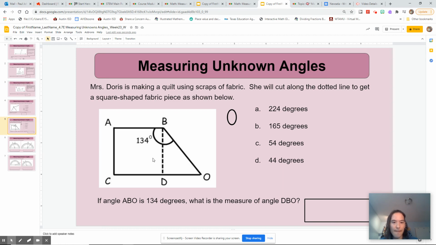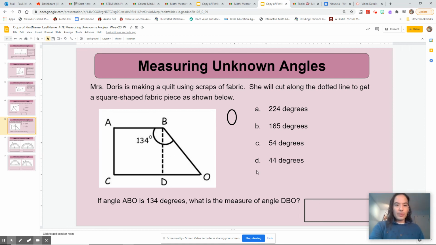All right, so we need to find out what this small piece is. ABO is 134 degrees. So let's think about this. Which one of these could work to fill out the second half? We know that it's going to be way smaller than 180 degrees, right?